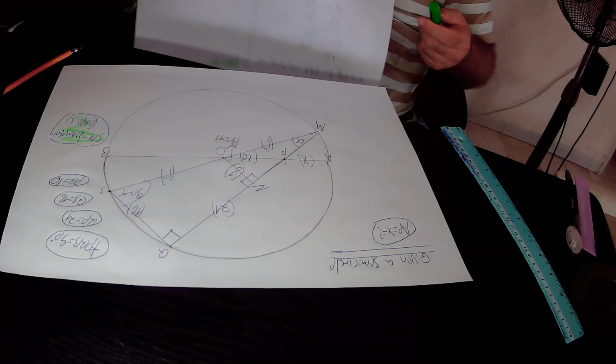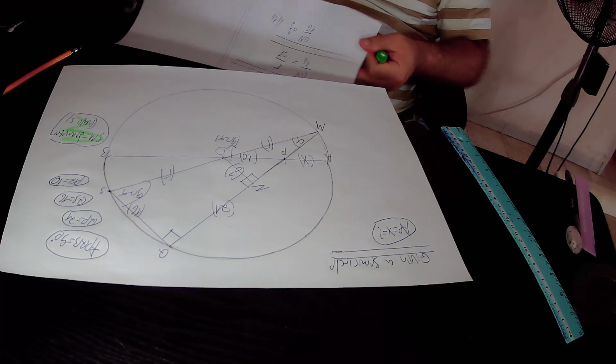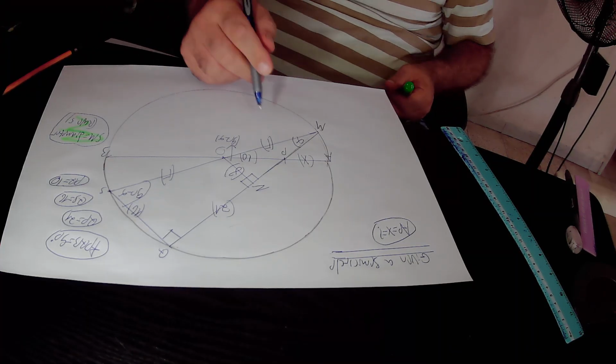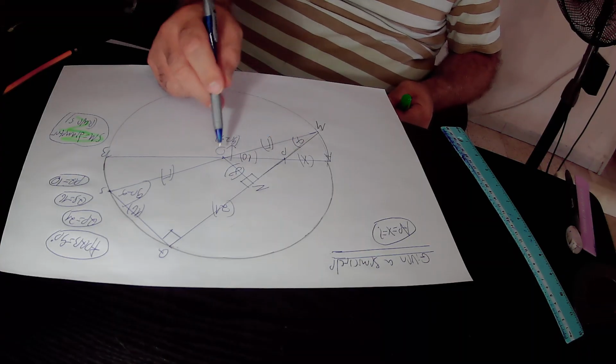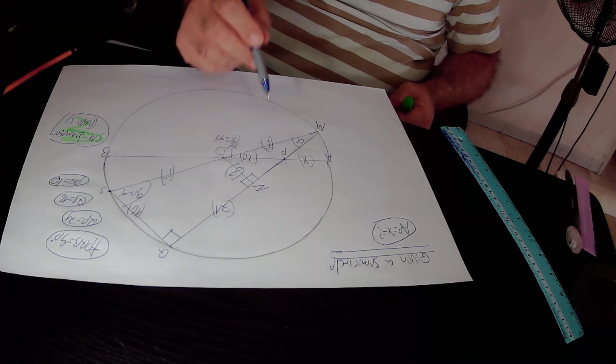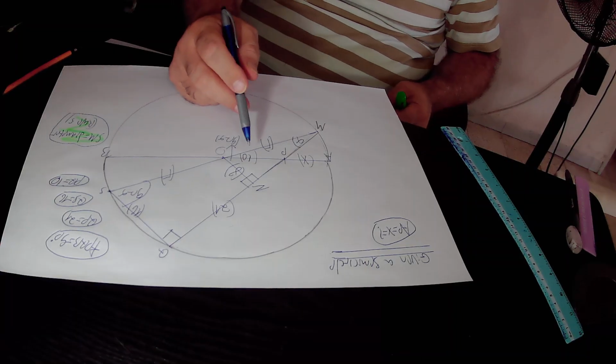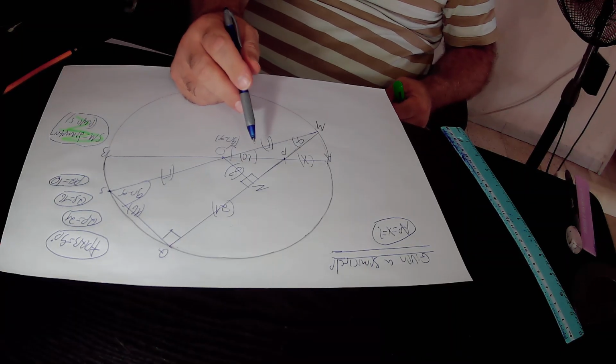In the next step, I'll copy the small right triangle PON onto a new page, where we will apply the Pythagoras theorem in this right triangle PON.